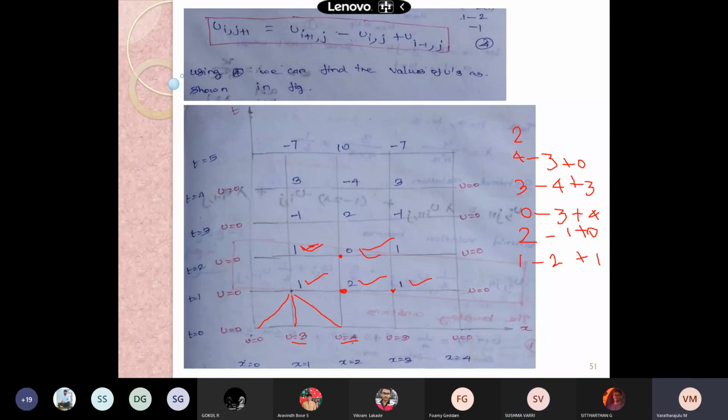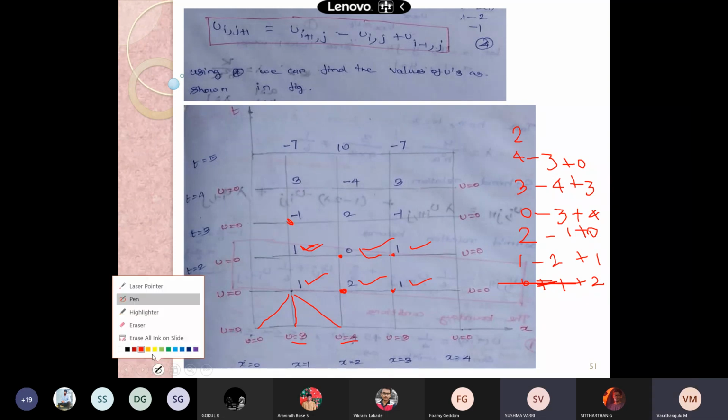Okay, Pranav, this point? 0 minus 1 plus 2. Very good. Then Sriristi, this point: 0, 0 minus 1, plus 0. What was the result?